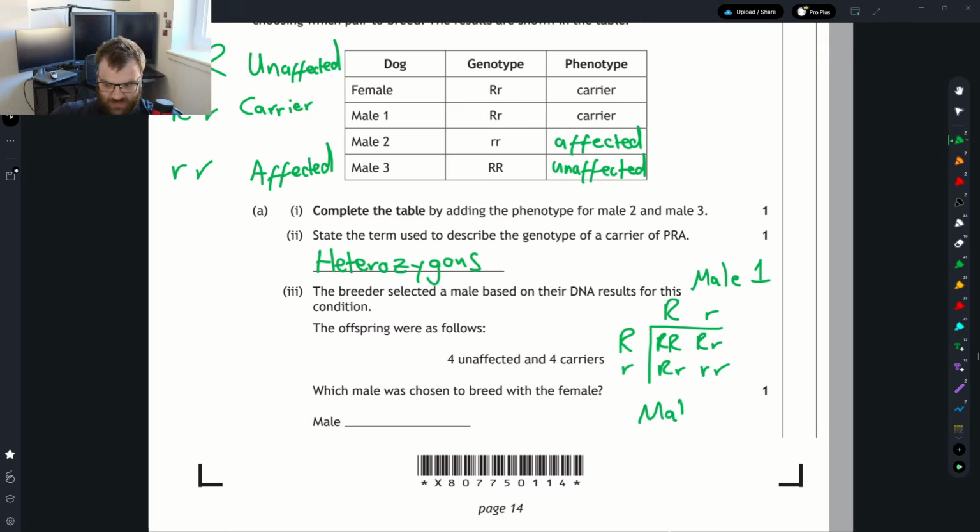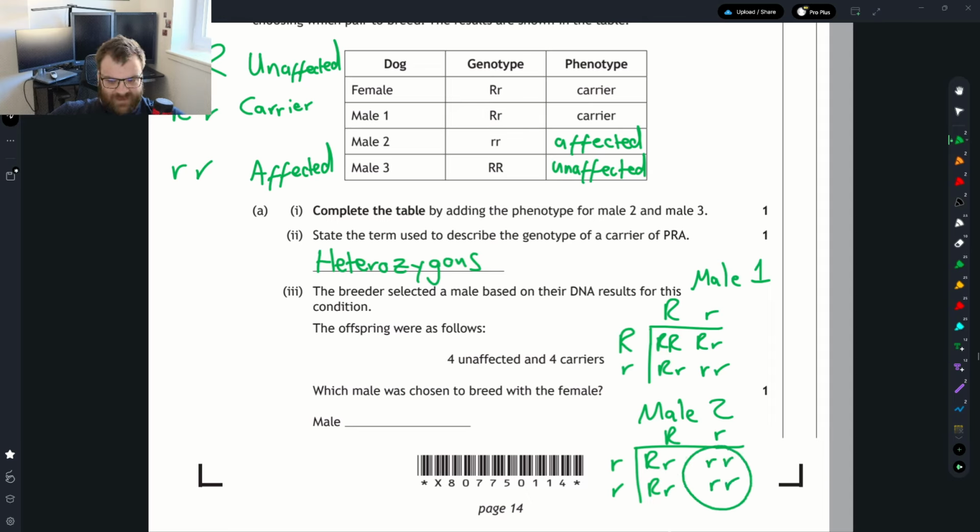So it's not going to be that one. Let's try male 2. And no matter, luck, it'll be male 3 that will be the answer. So the female will still put bigger, littler, and then we have 2 littlers. So bigger, littler, bigger, littler, littler, littler, littler, littler. So we have affected and we have carriers, and it's a 50-50 split of them.